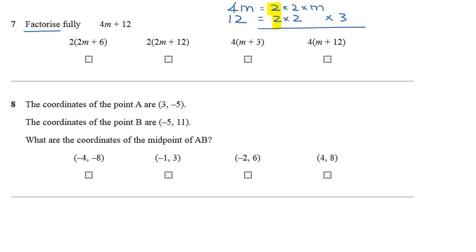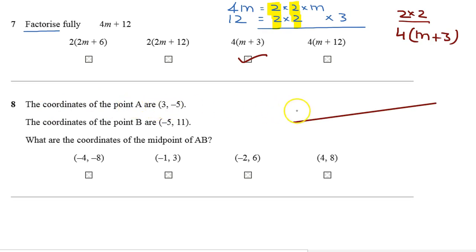So 2 is common, you can write 2 here, then another 2 is common, so we can write this 2 also here. Now there's nothing common, so that is 4. And what is remaining in the first term is m, and what is remaining in the second term is, there was plus in between, so 3. So it is 4m plus 3. So this is the answer.